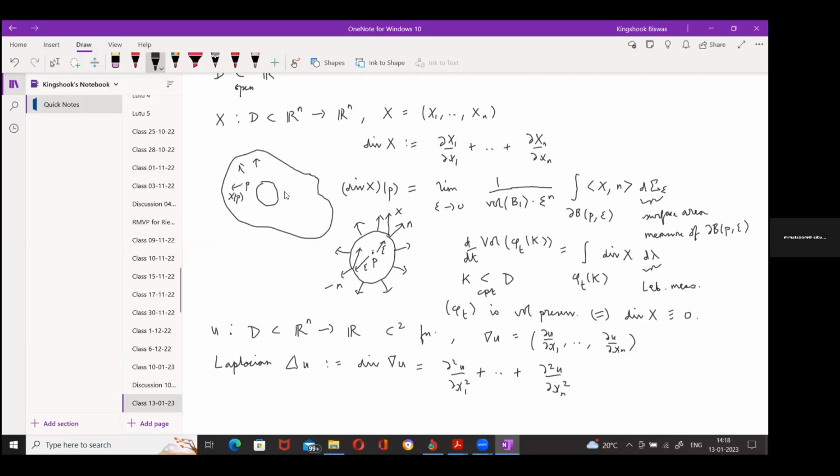When you integrate something of order epsilon over the surface of the sphere, which has surface area of order epsilon to the power n minus 1, you will get something of order epsilon to the power n, which is of the order of magnitude of the volume of the ball of radius epsilon. So that's why you need to divide by this thing, which is nothing but the volume of the ball B epsilon.